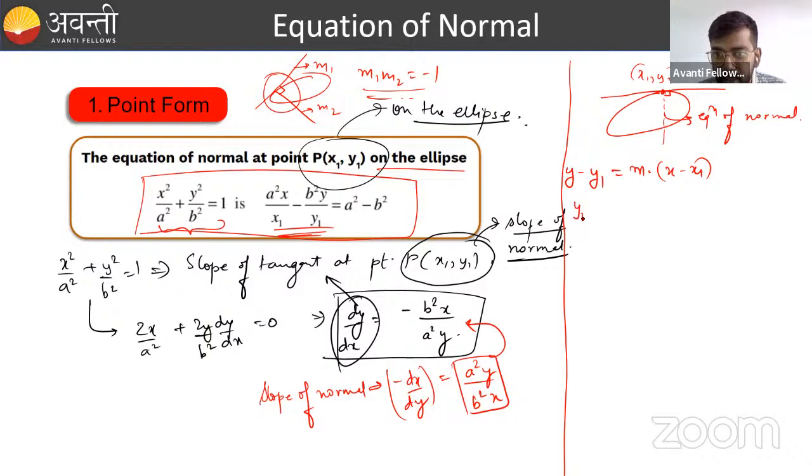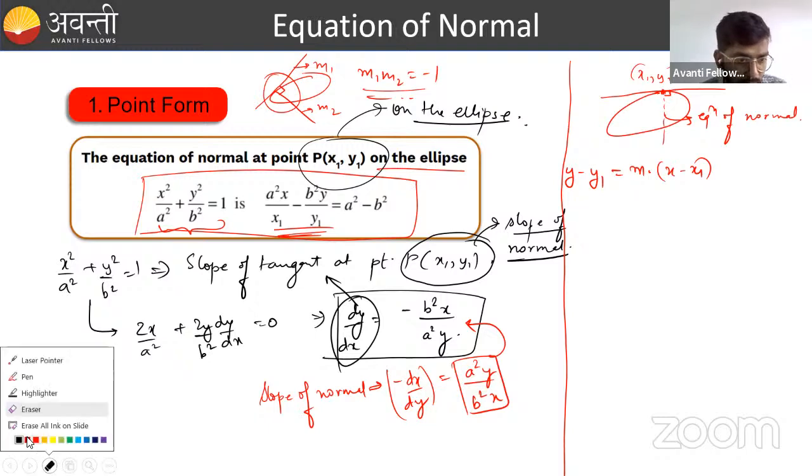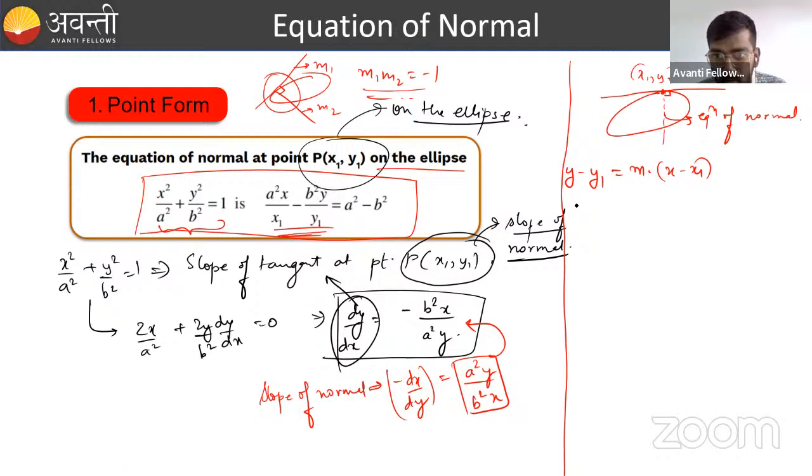So I will write this as y minus y1 equals to, what is m? This m is for normal, which we have to write.